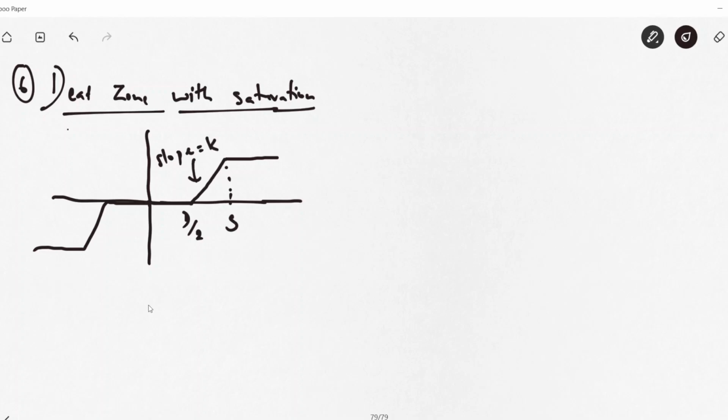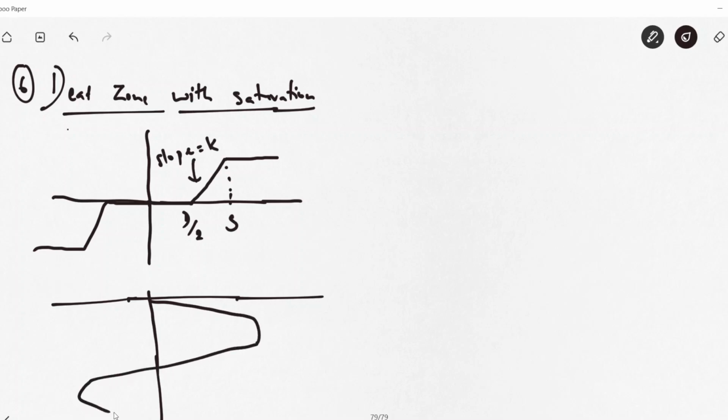So we are applying a sinusoidal input. Corresponding to this, you will have an angle alpha.